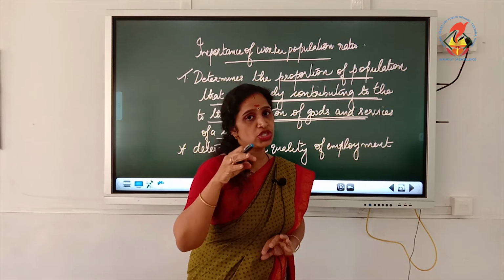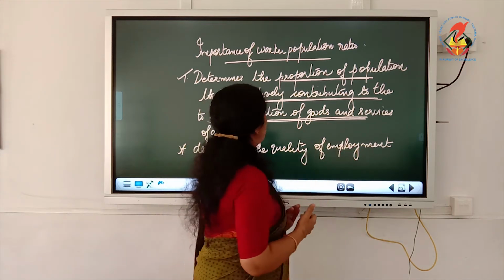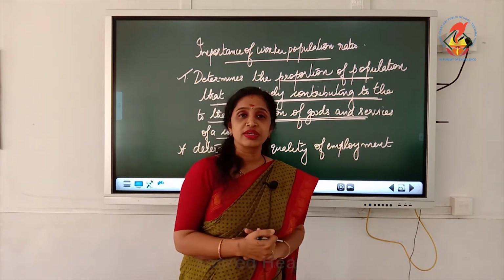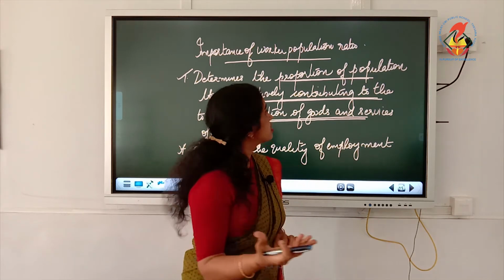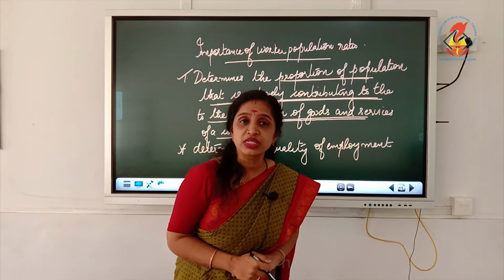So, if the proportion is low, we can say that the proportion of the population who is actively contributing to the production of goods and services is very less. If it is high, the proportion of population contributing to goods and services is very high.